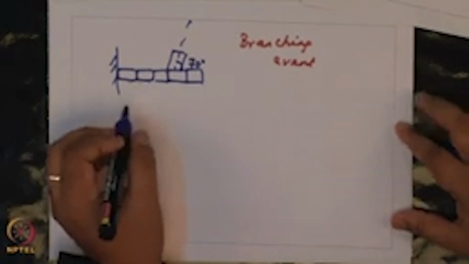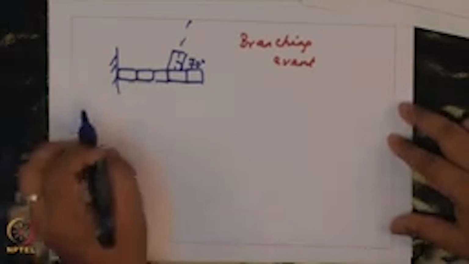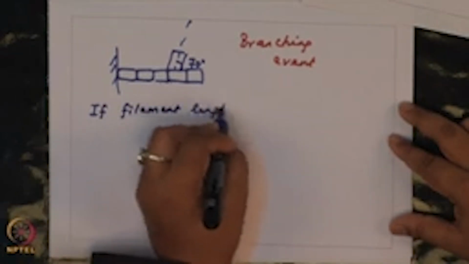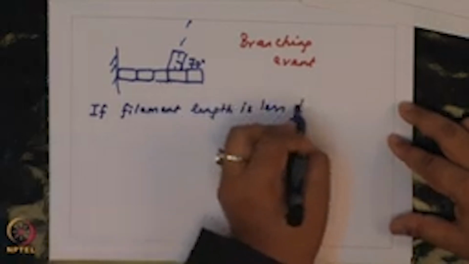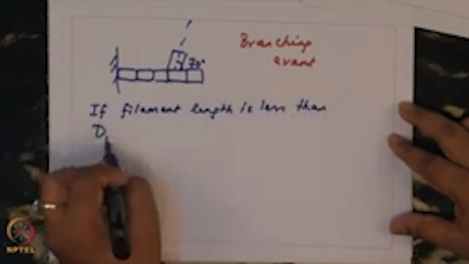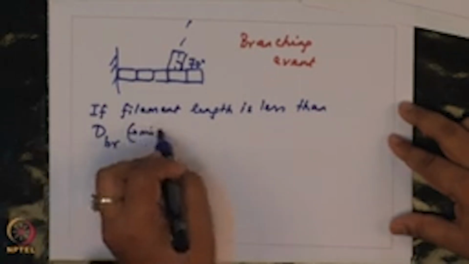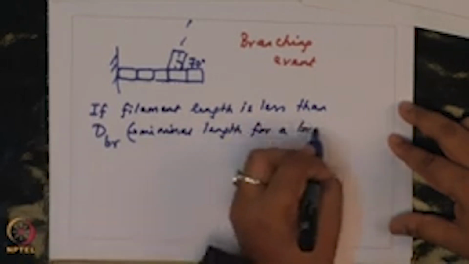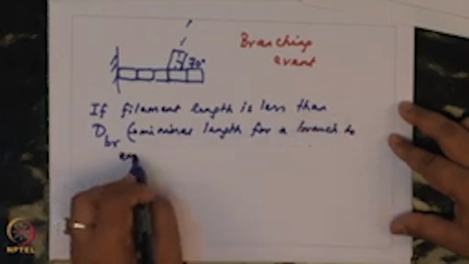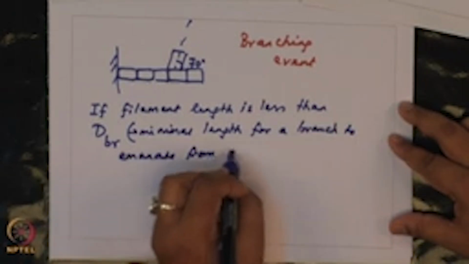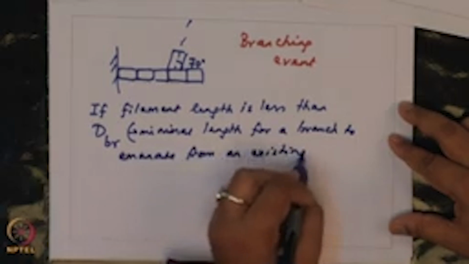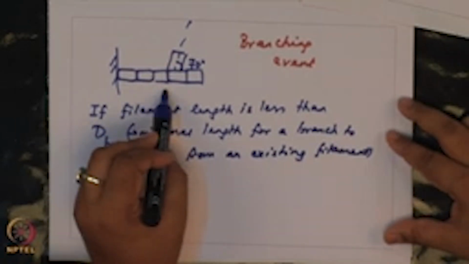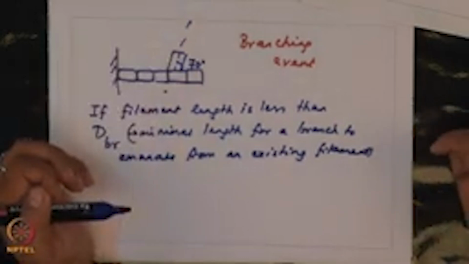To capture that in the simulation, you can say that if the filament length is less than some length, let us say dBr, the minimum length for a branch to emanate from an existing filament, then till this filament is of length dBr, a new filament cannot branch from it.